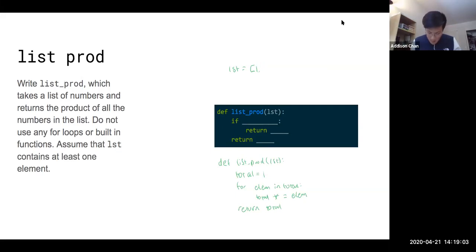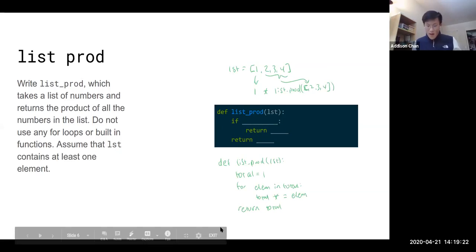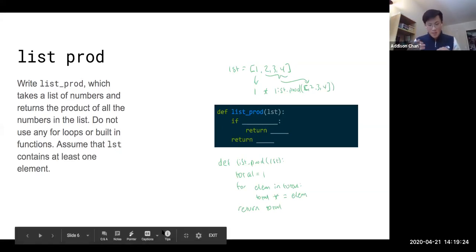But in the case where we have something like 1, 2, 3, 4, we can just take the first element and multiply that by list prod of the remainder of the elements, right here, 2, 3, 4. And that's how we can rewrite this in a recursive manner.